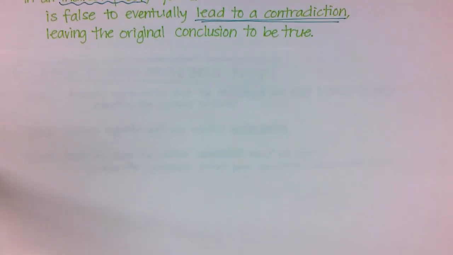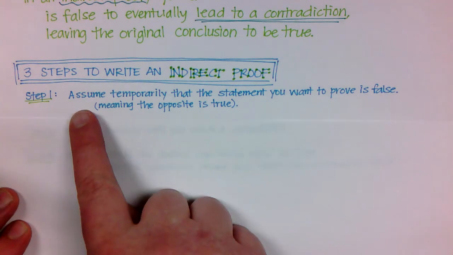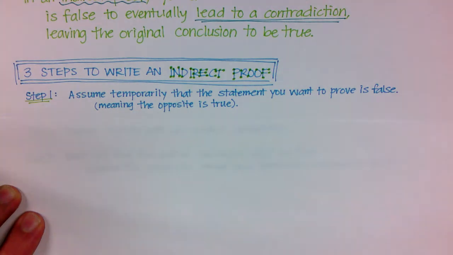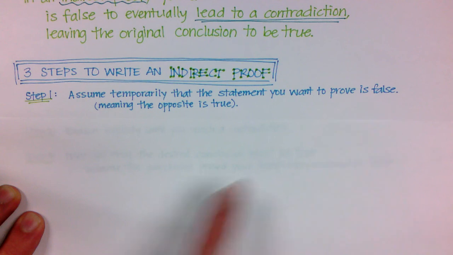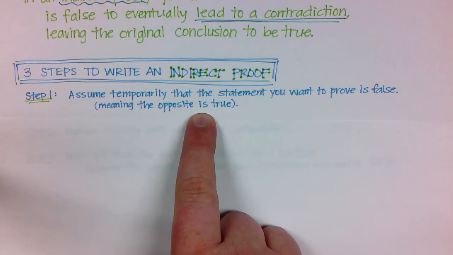So there's 3 steps that we're going to follow to help us write our indirect proofs. The first step to organize our thoughts is to assume temporarily that the statement you want to make is false. Okay, so whatever it's telling us to prove, we're just going to assume temporarily that that's false, which means that the opposite is true.